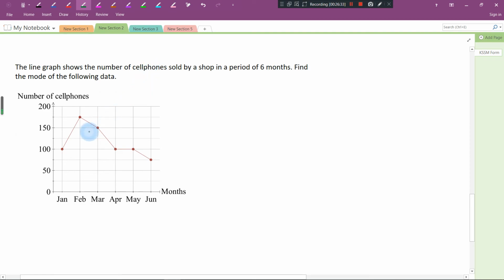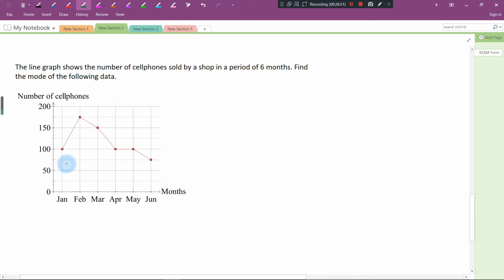So if you are confused, you just imagine you are doing a survey. You go to ask, you go to collect the data. The answer that you receive the most of the time, that answer is the mode.